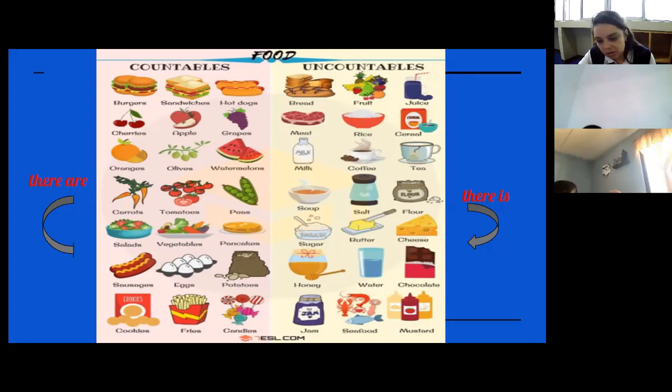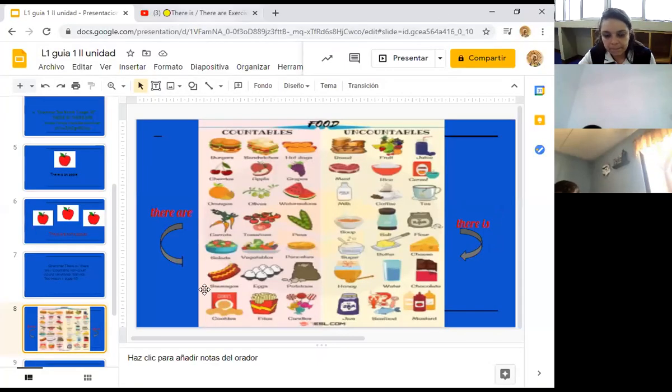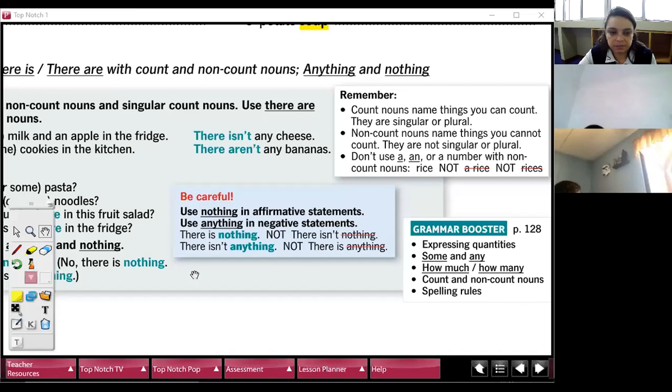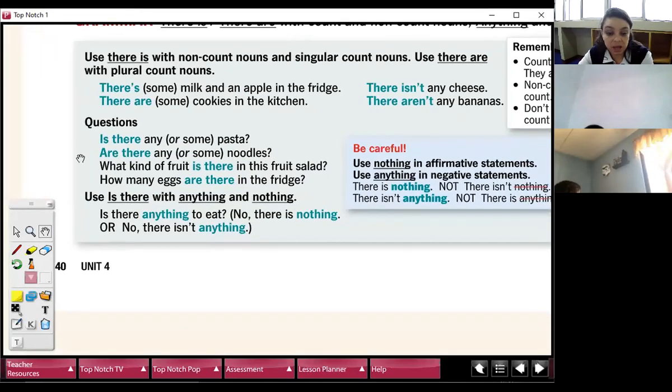So let's go again to the book page. Let's continue with the grammar. It says right here, in questions, how we are going to use it. Is there any or some pasta?